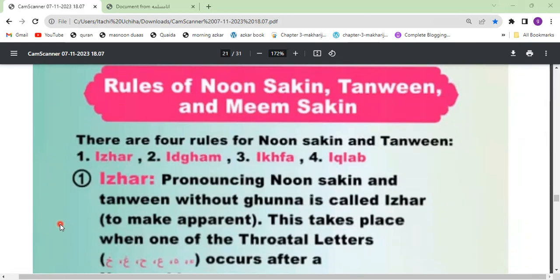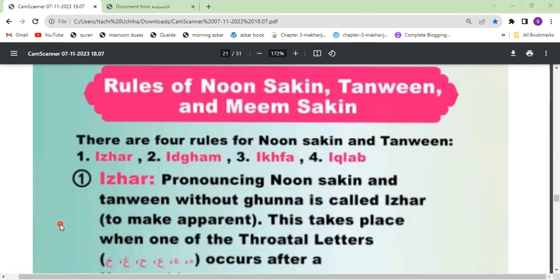So today we are going to learn about some of the nasal sounds and some of the very clear sounds for only two letters. It will be the letter Noon and the letter Meem. In the Holy Quran, you might have heard the recitations from the good reciters.